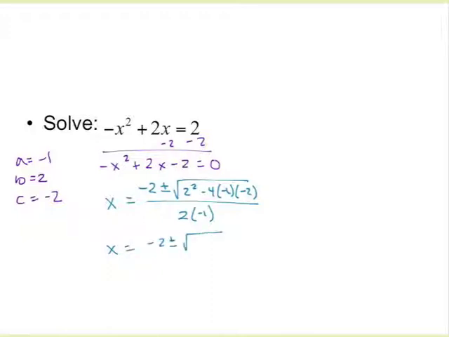I get 4. 3 negatives make a minus, so I get 4 minus 8, which is -4. On the bottom, I get -2. What is the square root of -4? 2i. Square root of 4 is 2, and the square root of a negative gives us an i.